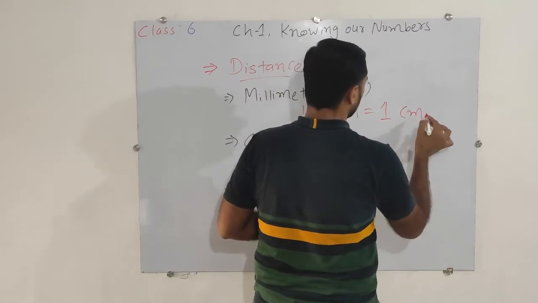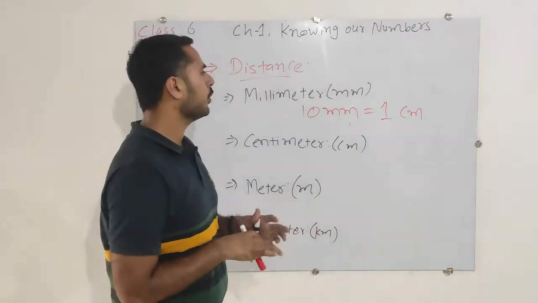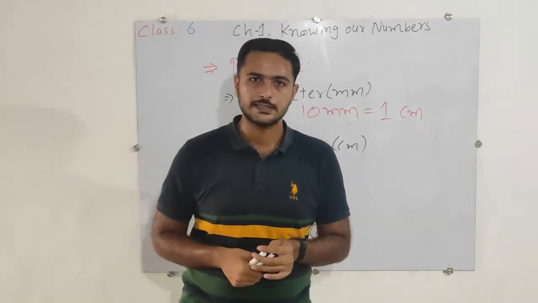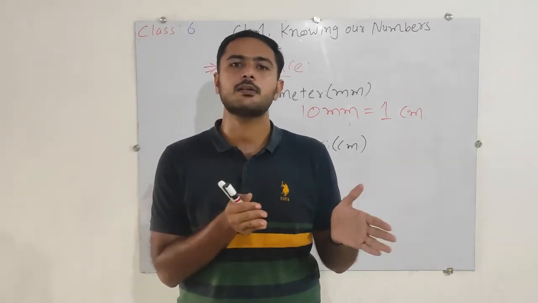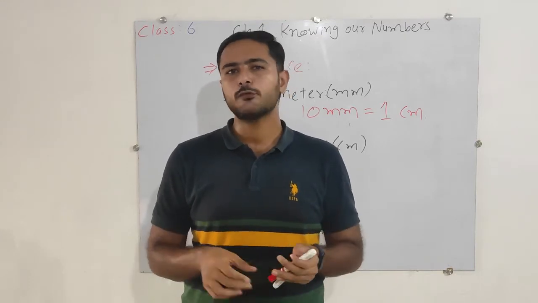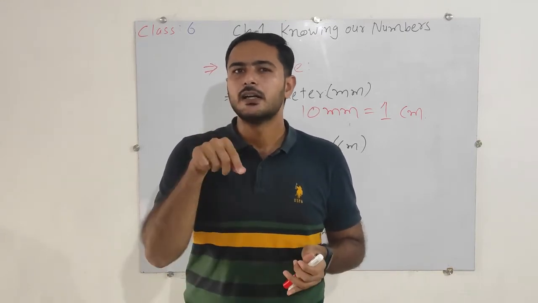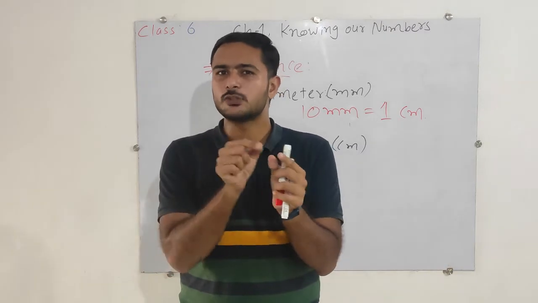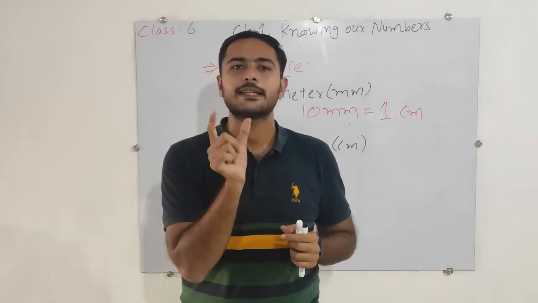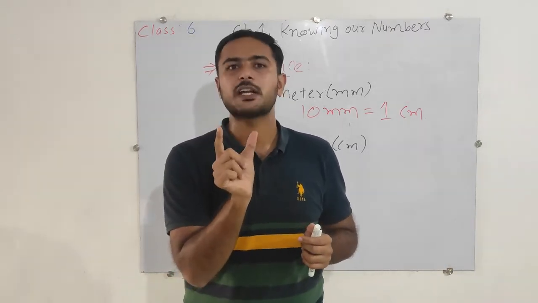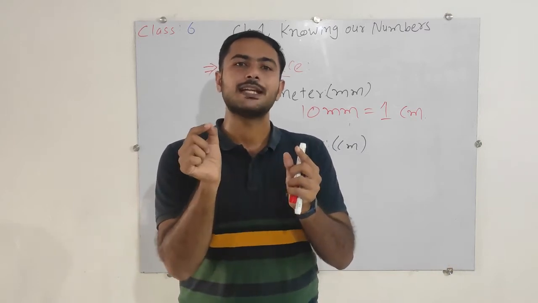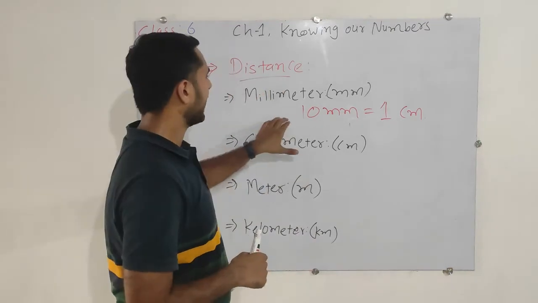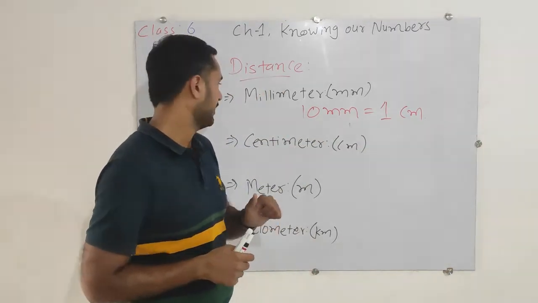You can verify this from your ruler. In a small ruler there are 15 centimeters, and for each centimeter there are 9 lines, and the 10th one is the 1. So it is 10 parts of 1 centimeter: 1 mm, 2 mm, 3 mm till 10 mm is 1 centimeter.